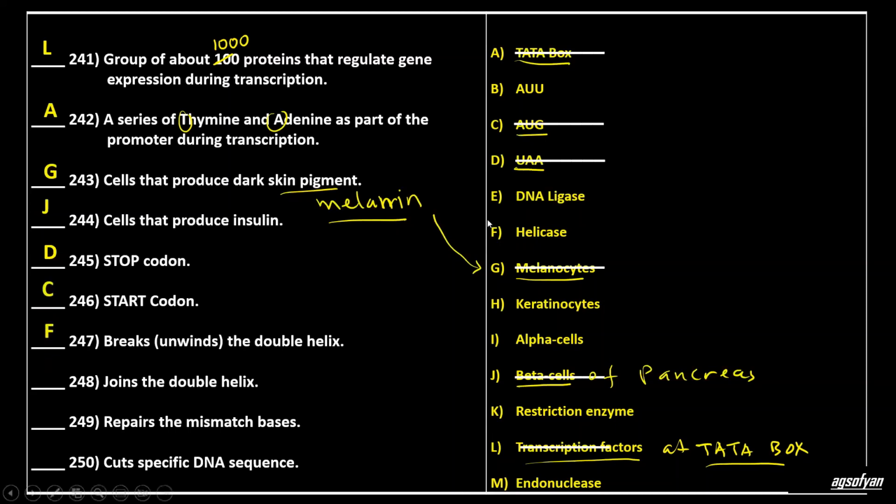Break and unwind the double helix. So this is the protein that breaks the double helix, which will be helicase. Join the double helix, the one that glues together, is called a ligase.